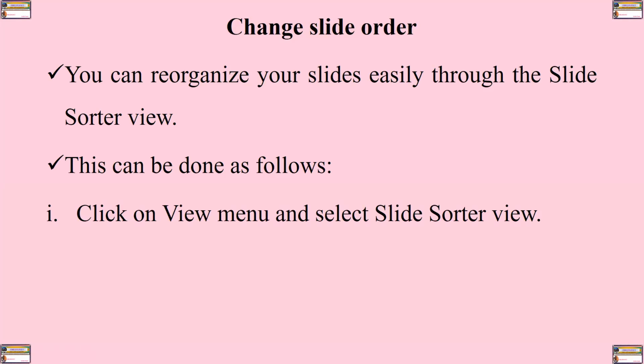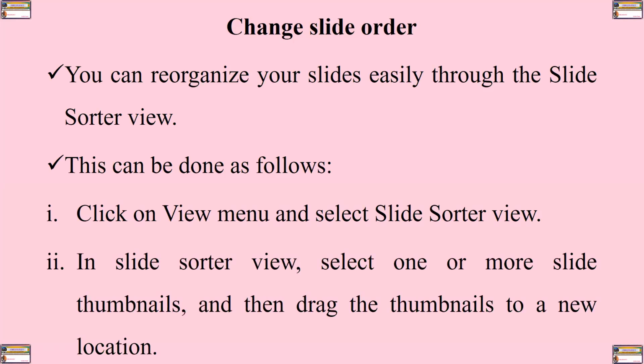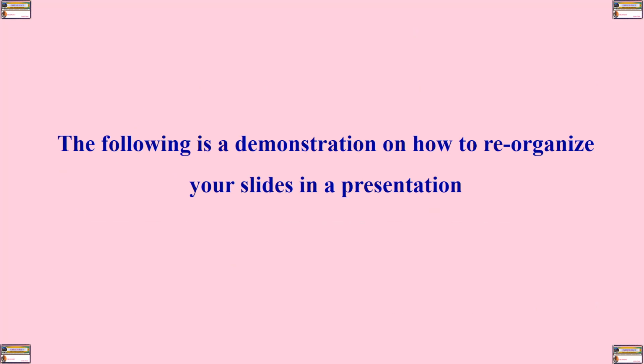You click on the View menu, and then you select Slide Sorter View. In Slide Sorter View, you select one or more slide thumbnails, and then drag the thumbnails to a new location. The following is therefore a demonstration on how to reorganize your slides in your presentation.